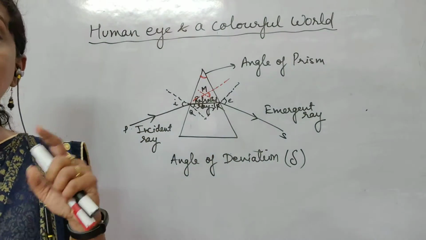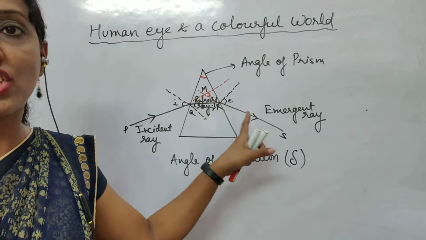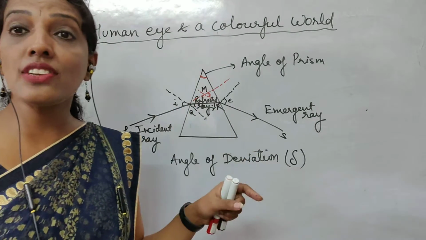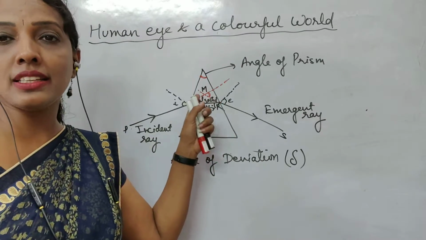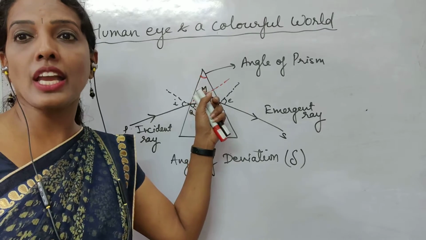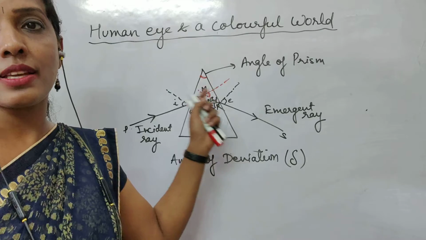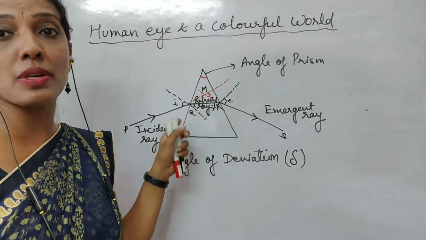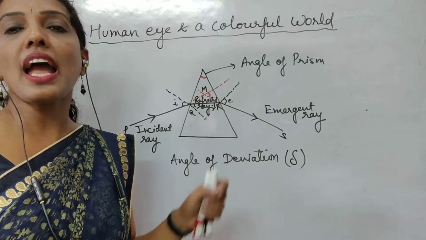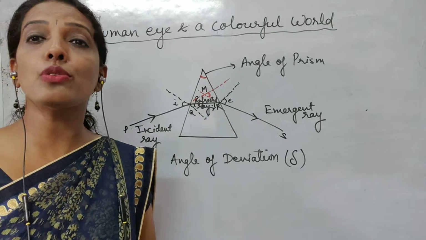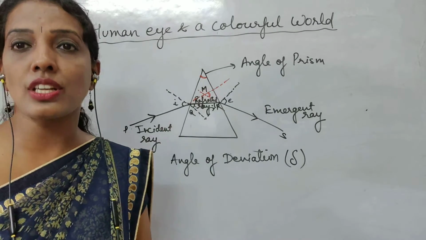So in this experiment, the emergent ray is not parallel to the incident ray. There has been a deviation in the path of the light on passing through the prism. As you can see, the deviation is there. When the incident ray is drawn forward by this dotted line, it cuts the line here. Thus the original direction of the ray of light is this, but after passing through the prism, it gets deviated.